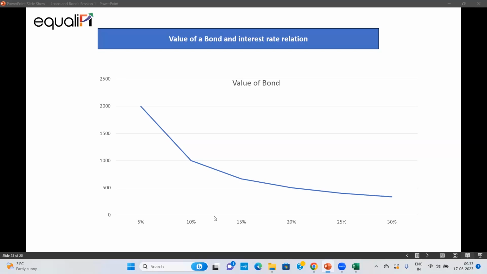So what is the relationship between the equity market and bond? Okay.